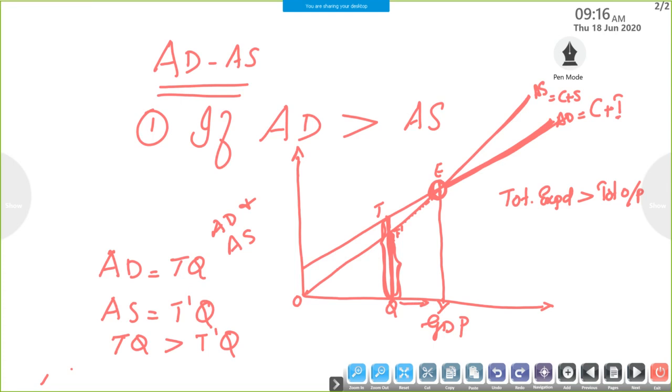We know if employment increases, output also increases. As a result, the level of income or level of GDP will increase. Like that, the economy can restore the equilibrium level of income, that is OY, or point E.